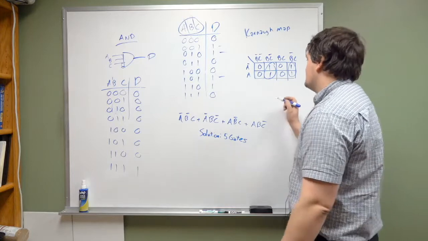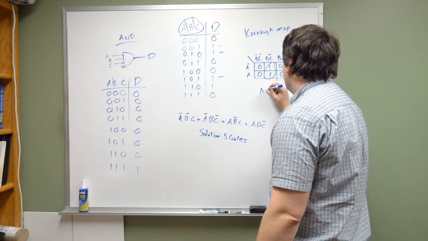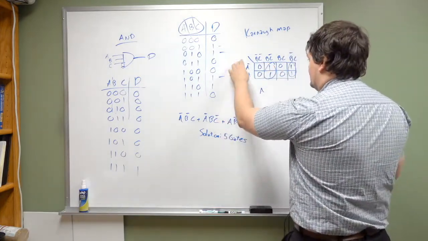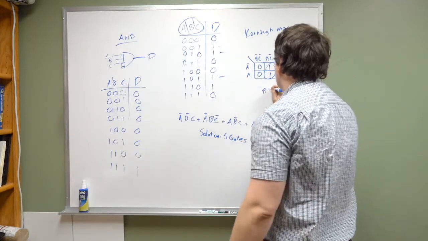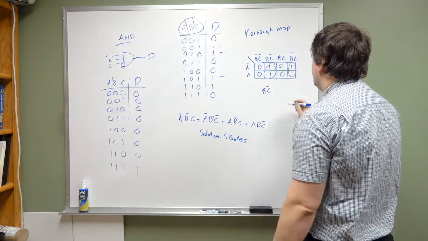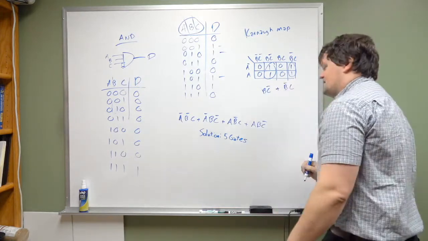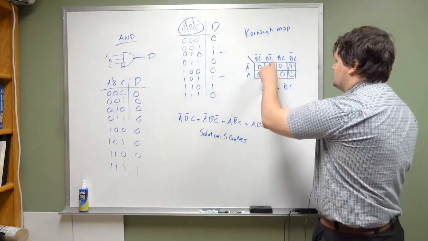What this ends up equaling is A, because the common value here is that it doesn't matter what A is. So here it's B C naught plus B naught C. Okay, that's what these two rows represent.